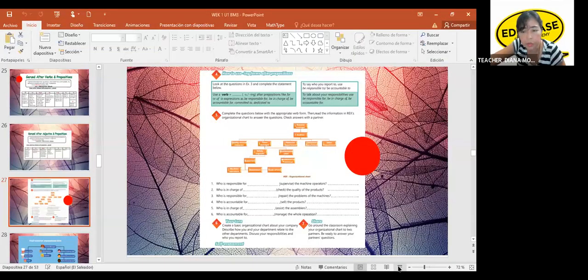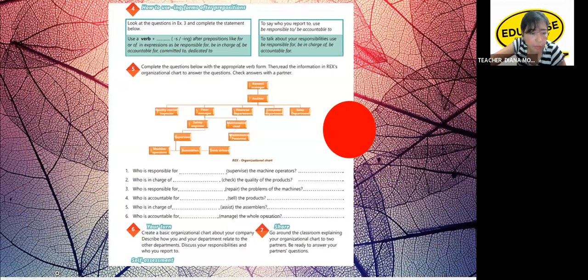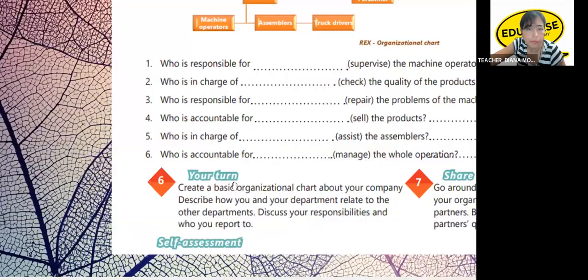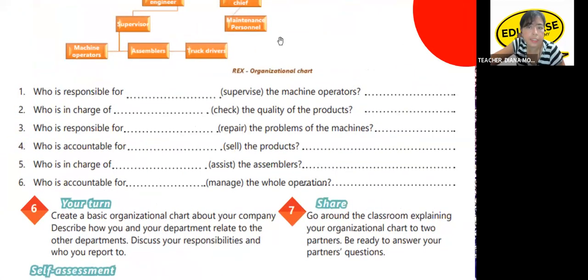So I was explaining in the breakout rooms that here we have 2 different issues, right? Number 1 is to use the verb correctly. So we know that after a preposition, we use the verb with ing.